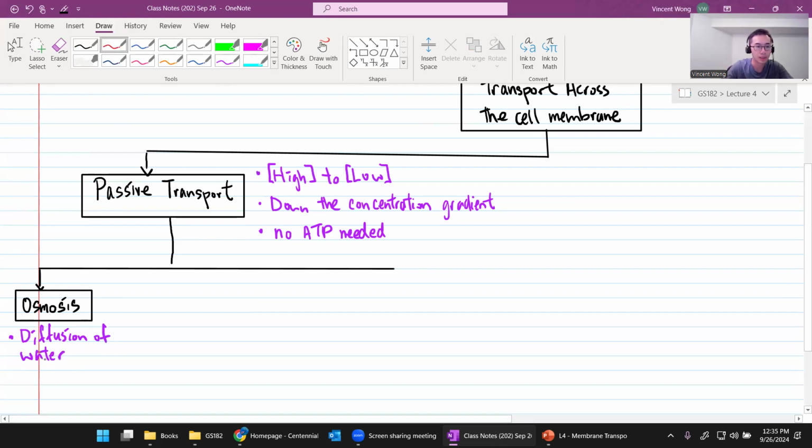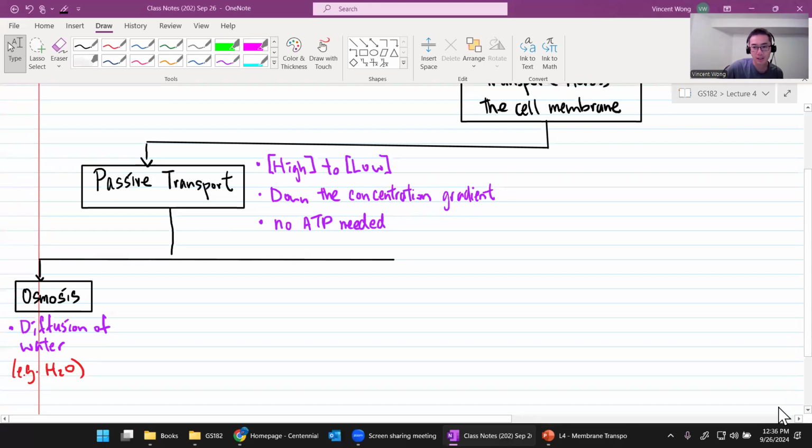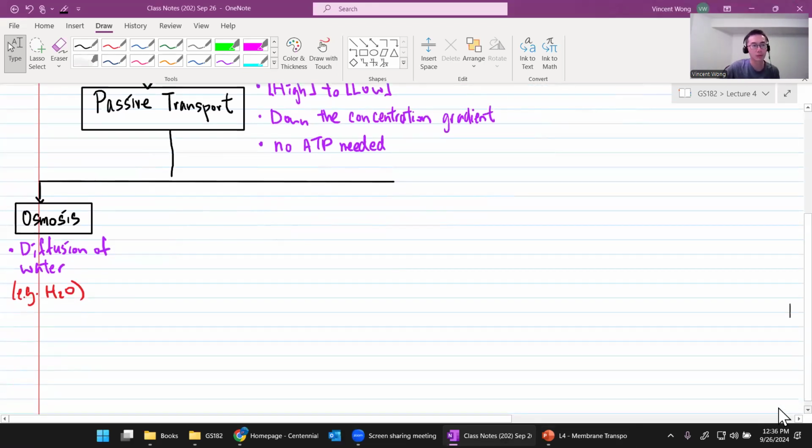Only water can do osmosis. Other things we don't call it osmosis. It's only when water does it that we call it osmosis. So that's passive. All those hypertonic, isotonic stuff that we talked about, it just happens on its own. No energy is required.